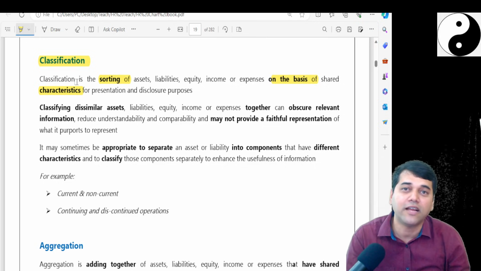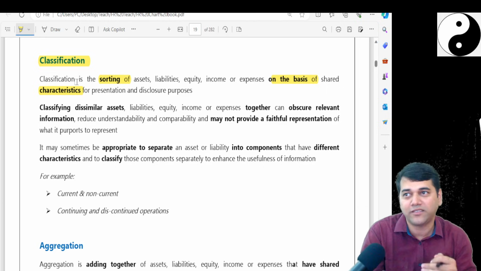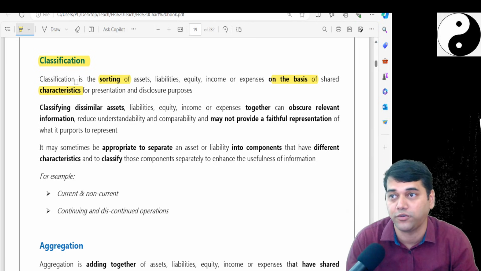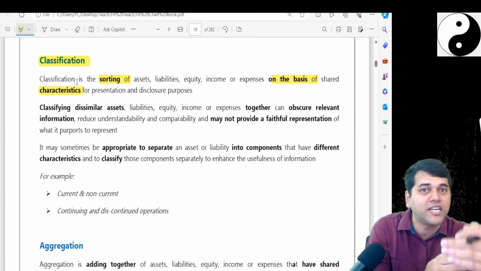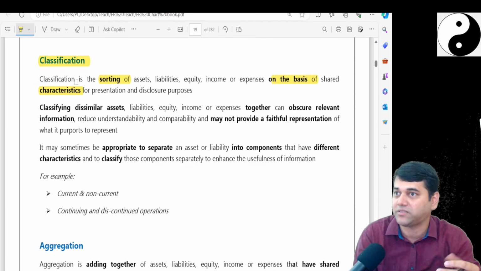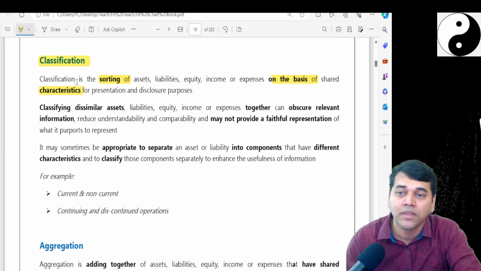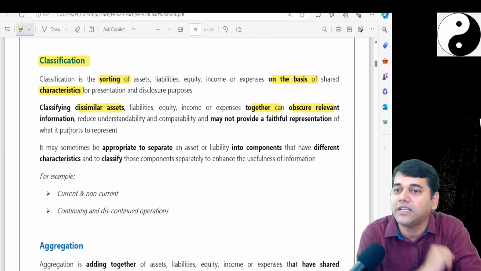Then what sort will I do? Based on the similarities, characteristics. If those are falling under a similar thing, why? Because understanding becomes easier for you. The moment I present it, okay, this is the study material question, this comes in the examination like this. You appreciate the logic behind how they will ask you in the exam. So classifying dissimilar items together can obscure the relevant information.